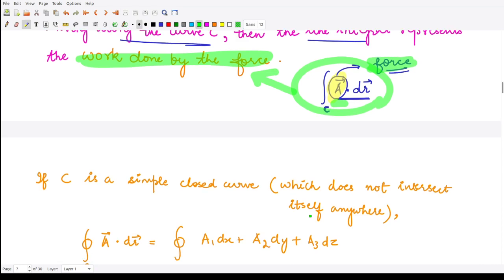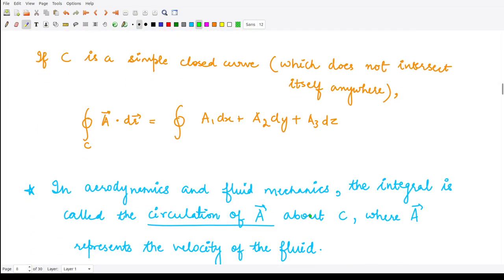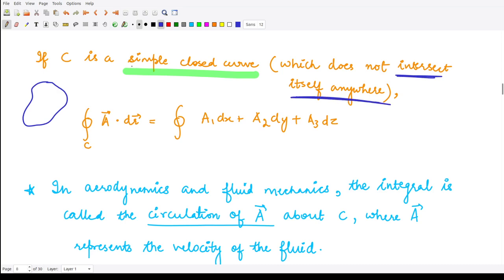Suppose we consider C to be a simple closed curve. What do we mean by a simple closed curve? It means you can draw the curve like this, such that the curve does not intersect itself. That is what we mean by simple.